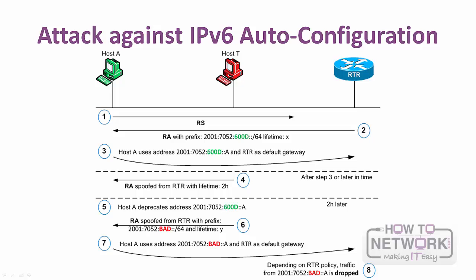And host T could then send a new router advertisement with a new prefix, shown as 2001:7052:BAD::/64. Step 7. Upon seeing the new prefix, host A will pick a new address, shown as 2001:7052:BAD::A.